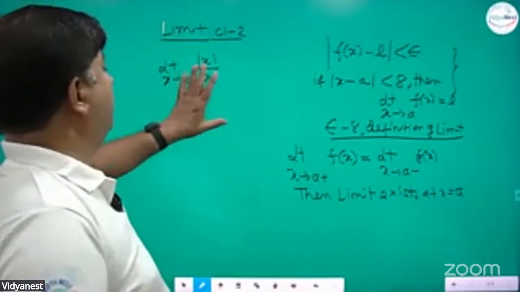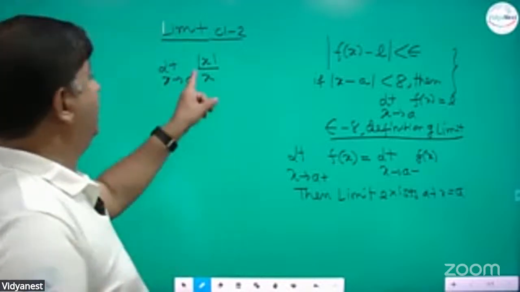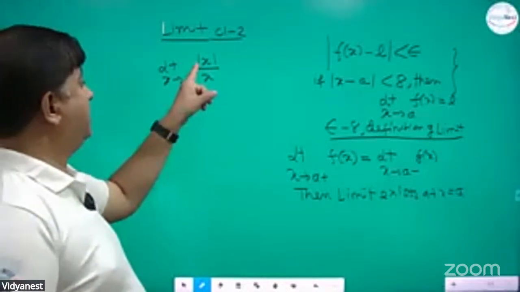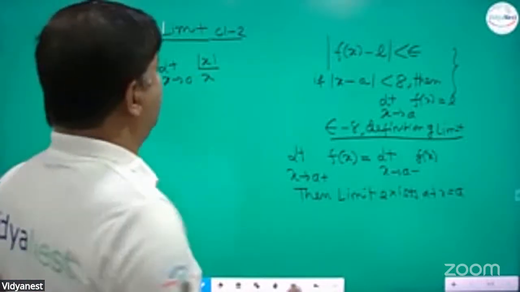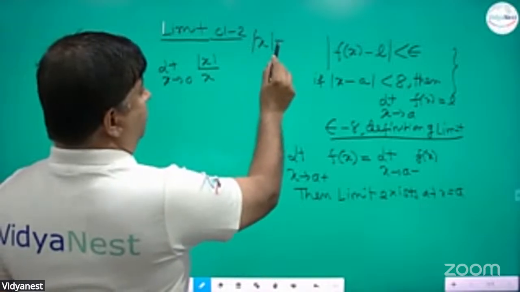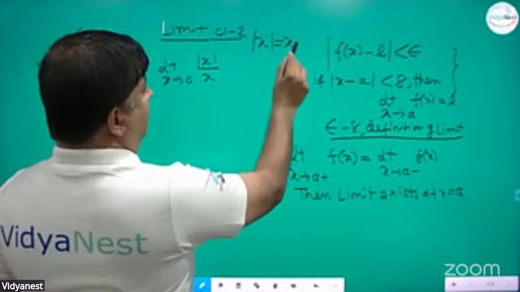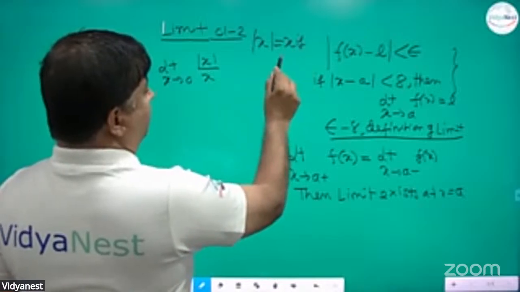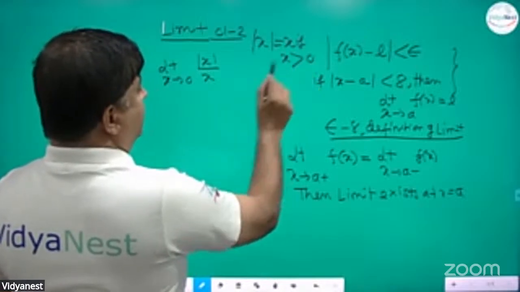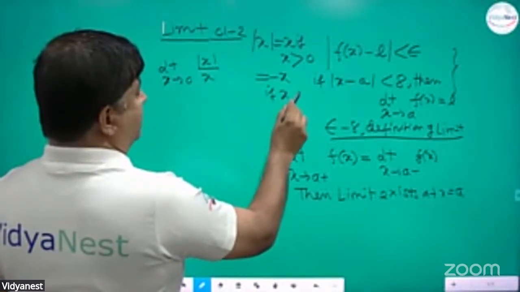Now, how to examine this? You recall the definition of mod x. Mod x will be x if x is greater than 0, and minus x if x is less than 0.